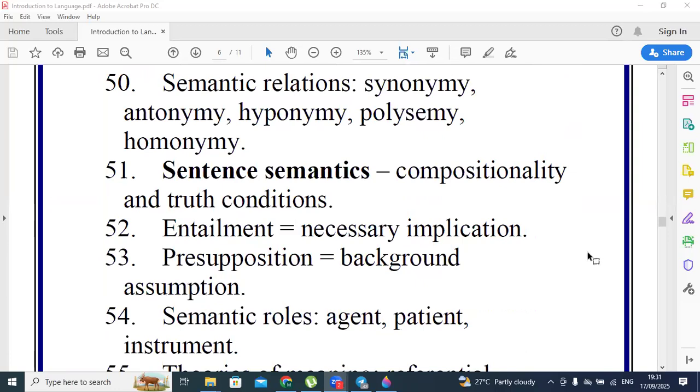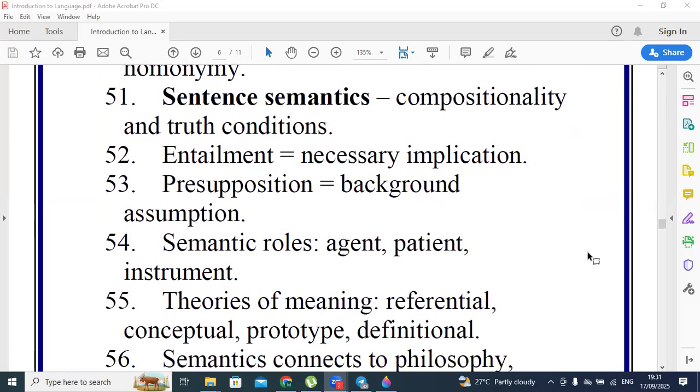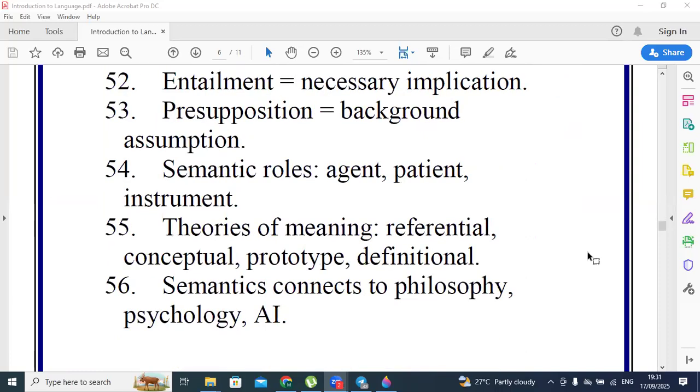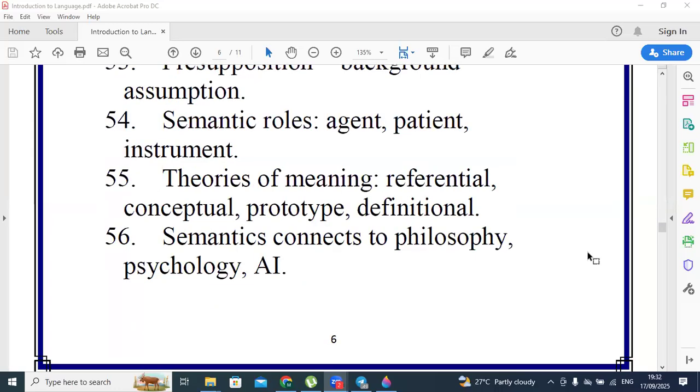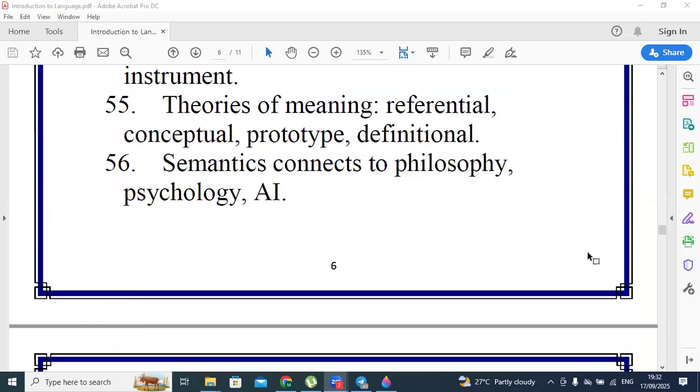Entailment, necessary implication; presupposition, background assumption; semantic roles: agent, patient, instrument. Theories of meaning: referential, conceptual, prototype, definitional. Semantics connects to philosophy and psychology.